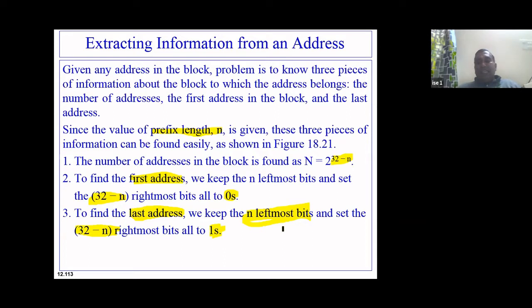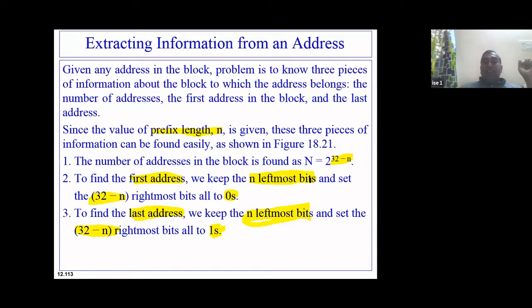The leftmost bits I'm not disturbing. So in both cases, the leftmost bits are untouched. If I want to know the network address, the leftmost bits are not touched, but the rightmost 32 minus n bits are all made 0. And if I want to find the last address, that is the host address, how many hosts can be there.